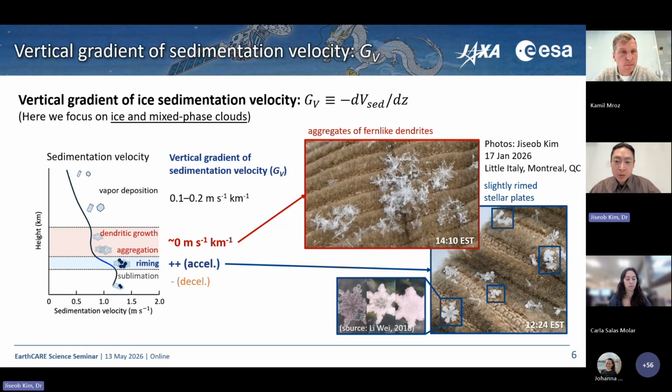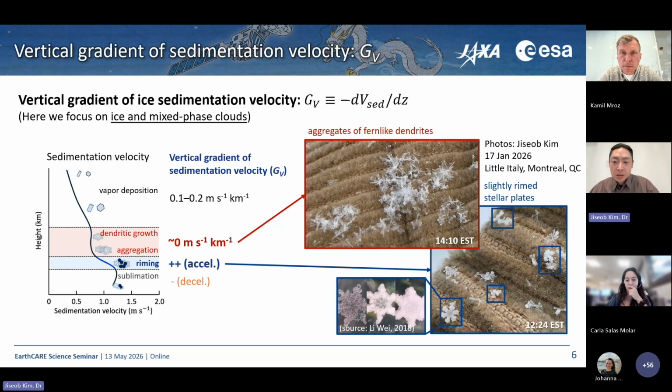For example, when ice particles grow by vapor deposition, the acceleration is usually small, typically around 0.1 to 0.2 meters per second per kilometer. This value comes from a 1 year climatology using stratiform cloud observations.